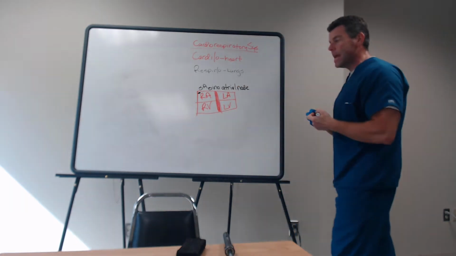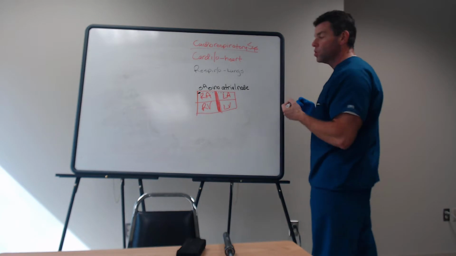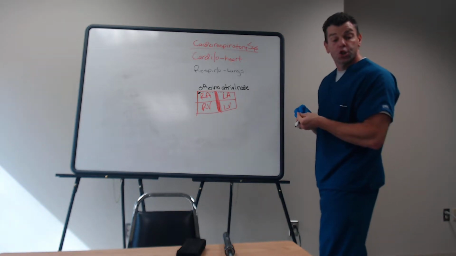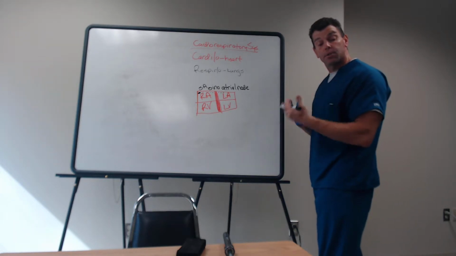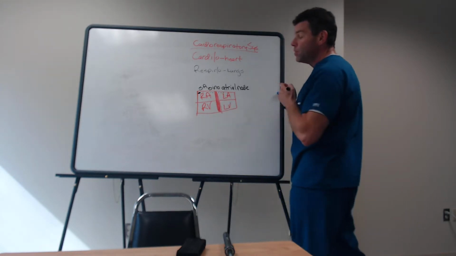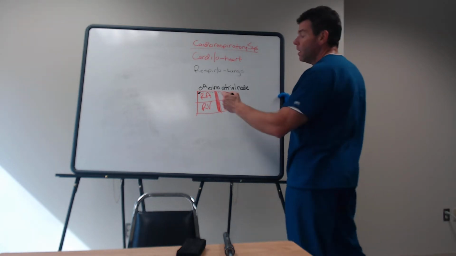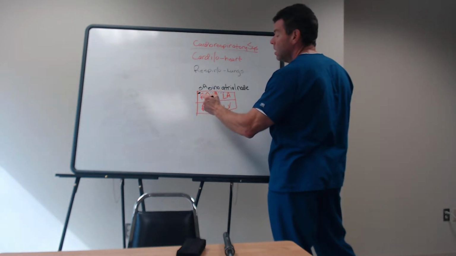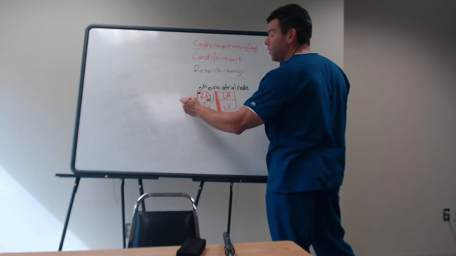The SA node is going to emit electrical impulses, so the right atrium and left atrium contract in a timely manner after fully filling and push blood down into the right ventricle and left ventricle accordingly. The electrical pattern then includes what's called the AV node.